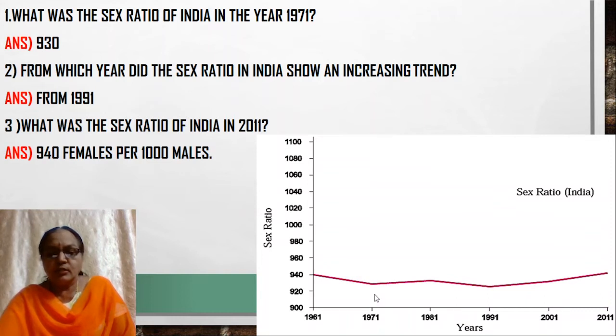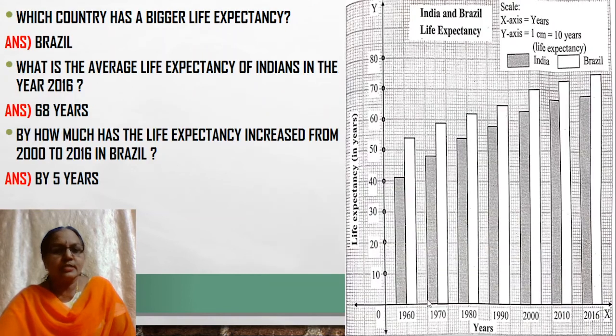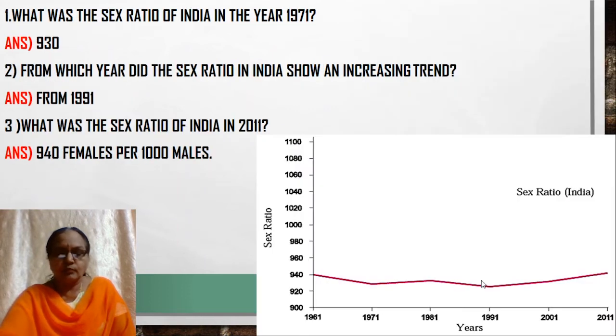Just find out, you'll find in 1971 the sex ratio was 930. Is that clear? Now, next, come to the second question.